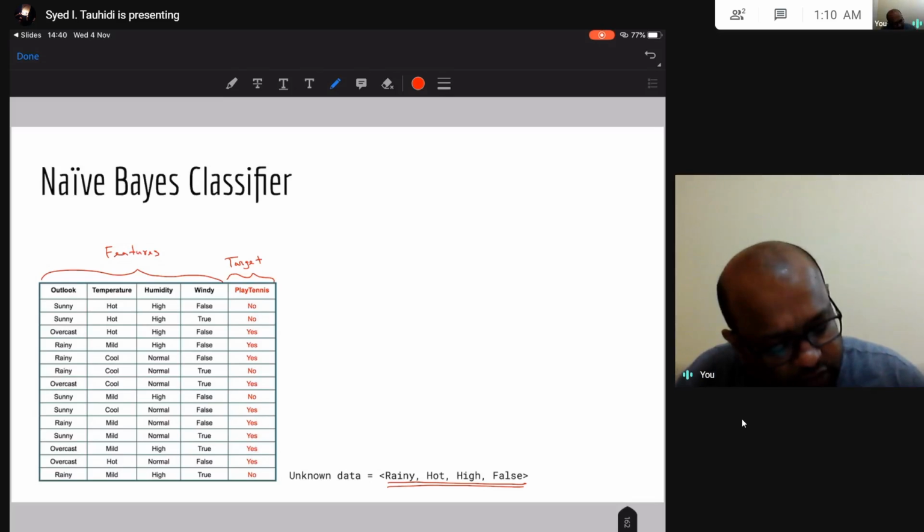I am going to find the probability that the person will play tennis, given this data. What is the data? Rainy, hot, high. That means outlook is rainy, temperature is hot, humidity is high, and wind is false. Alright, so I am going to figure out what is this probability, and I am going to figure out what is this probability.